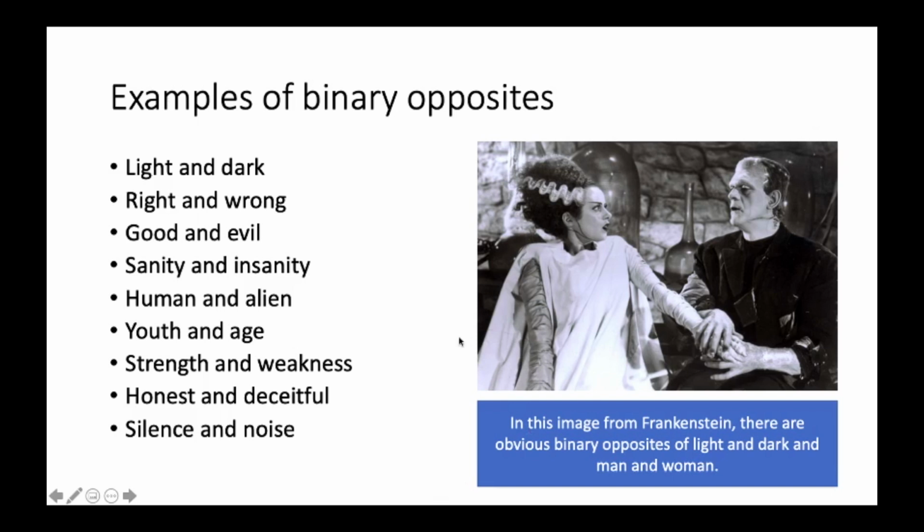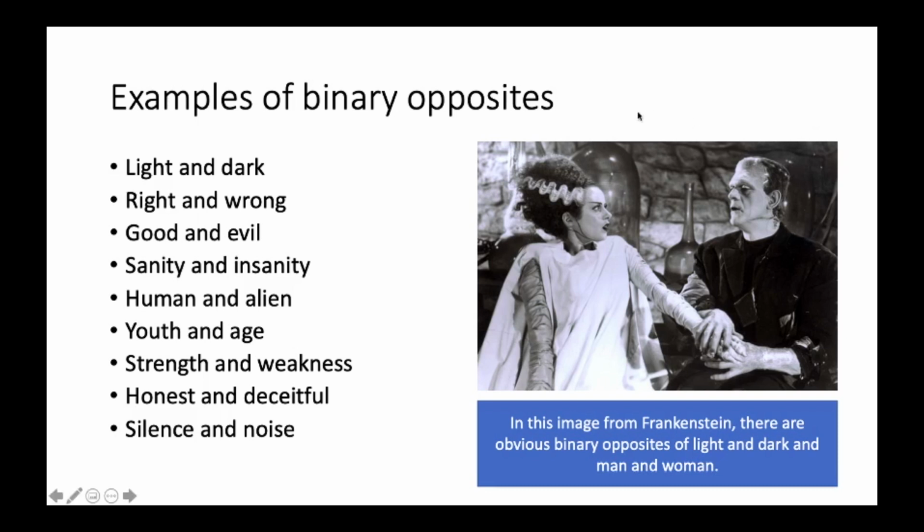We've also got right and wrong, good and evil, sanity and insanity, human and alien, you might think of various films you've watched where it's a human versus an alien, young versus old, strength versus weakness, honesty versus some sort of lie, some deceit, and silence against potentially loud noise.